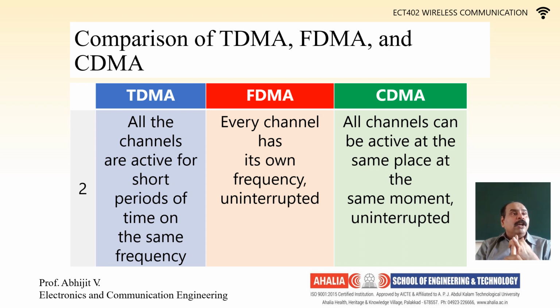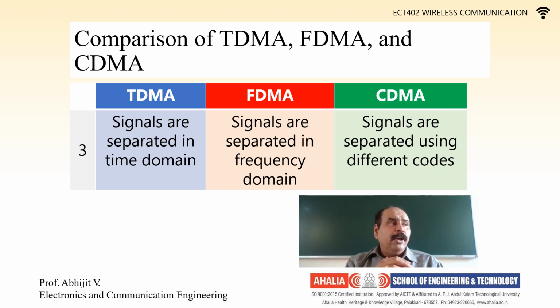In TDMA you cannot transmit simultaneously. In FDMA you have to use multiple carrier frequencies. In CDMA you can do both these things. In TDMA signals are separated in time domain, in FDMA signals are separated in frequency domain, and in CDMA signals are separated using different codes.